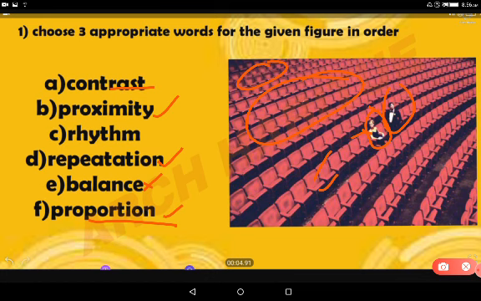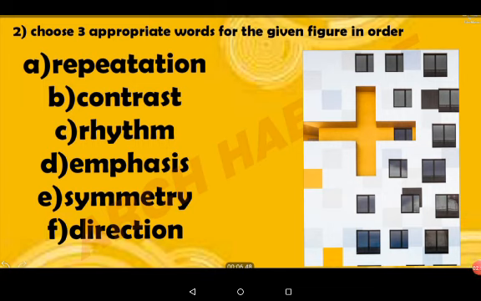The most thing we can see here is proximity, then repetition, and then proportion. Hope you are clear about the first question. So this, try it yourself and pick out the 3 most appropriate words in order. Now we can discuss the solution.